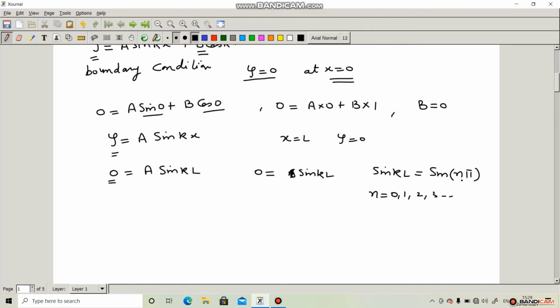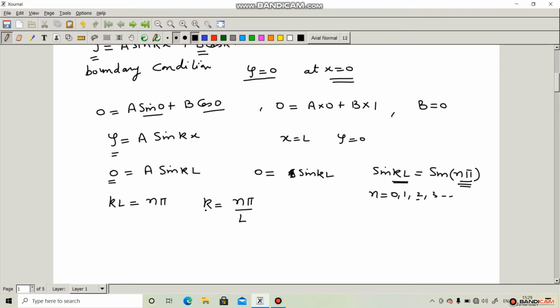Sin 0 is 0, if n is 1, sin pi is 0, if n is 2, sin 2 pi is 0. So kL is equal to n pi, or k is equal to n pi upon L.